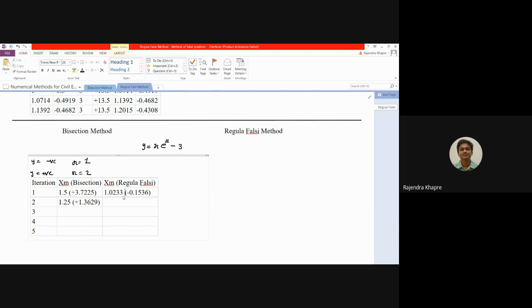For Regula Falsi, 1.55. How about its y value?